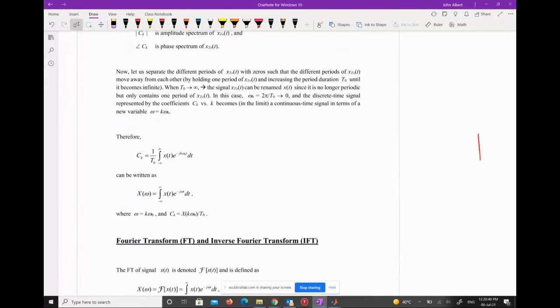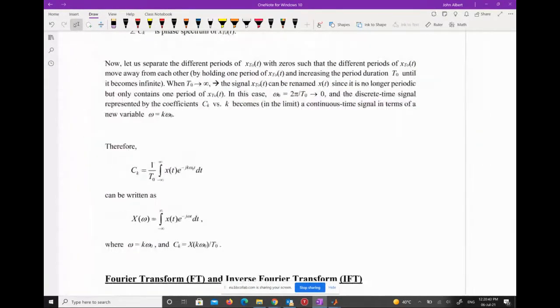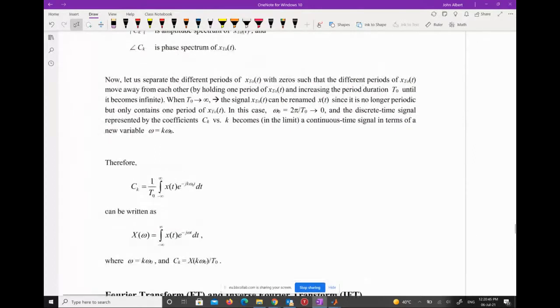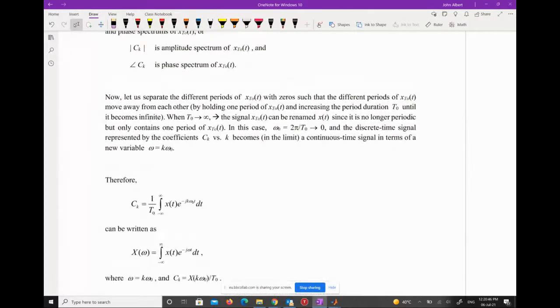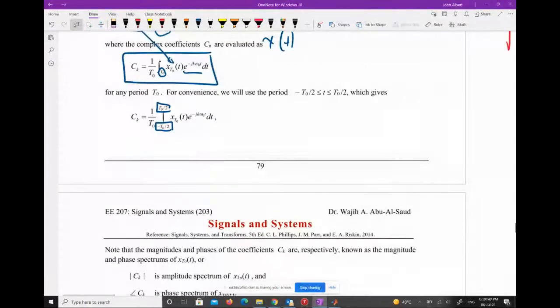Now, if I do this, I just need to point out a couple of things. If you look at this in here, we have k omega 0 in here, and we have 1 over T0 there, and we're integrating over a period that is equal to T0.